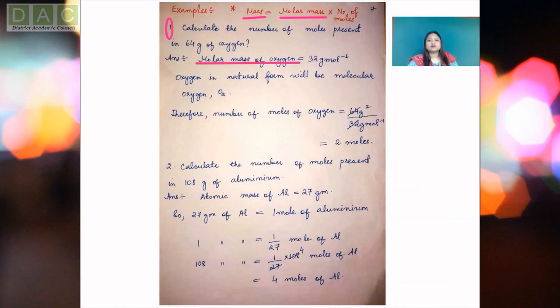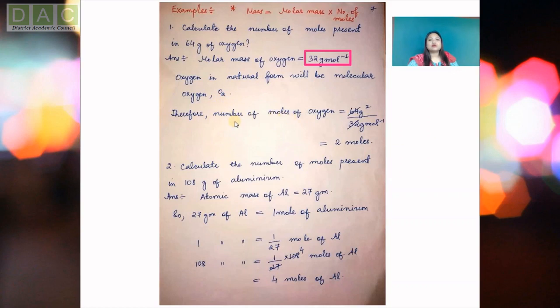So we can see that molar mass here is 32 gram per mole. Here oxygen is in natural form, that is molecular oxygen, that is O2.